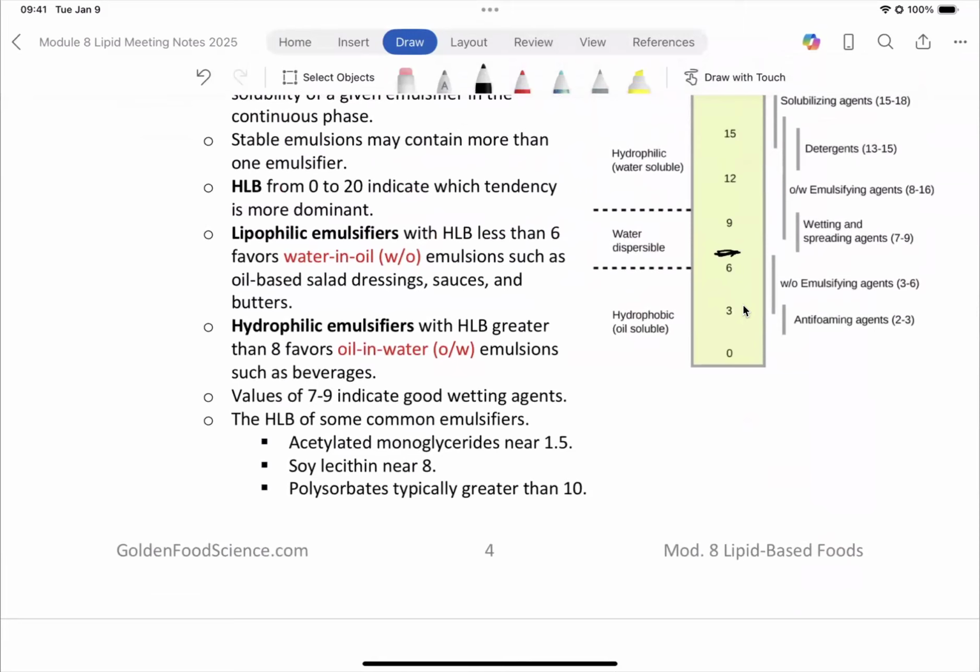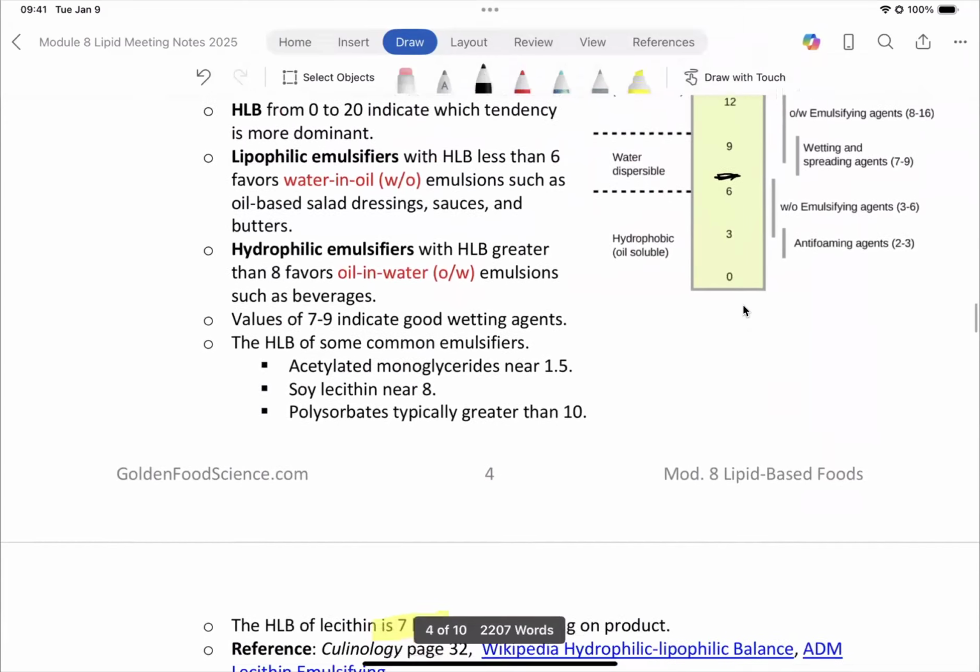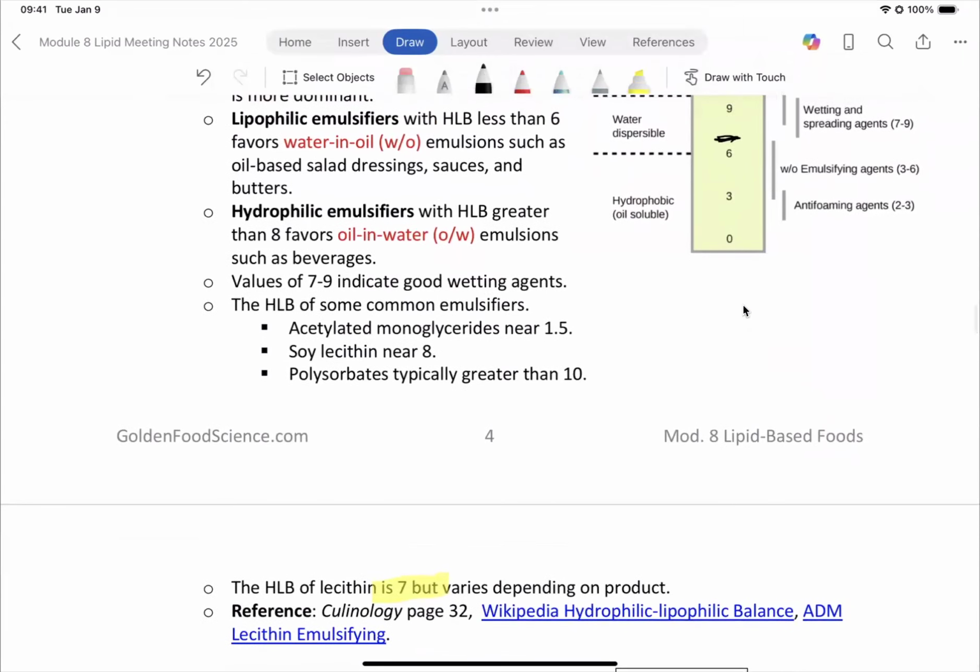This term here, mono and diglycerides, these are terms I've been using. I talked to you a little bit before about triglycerides, that most lipids are triglycerides. If it has only 2 fatty acids, it's a diglyceride.